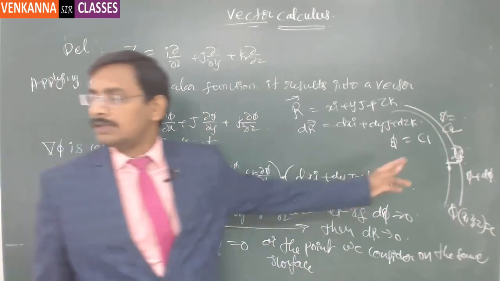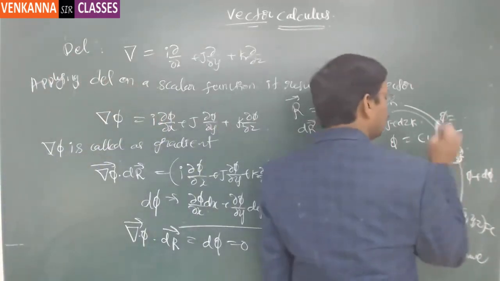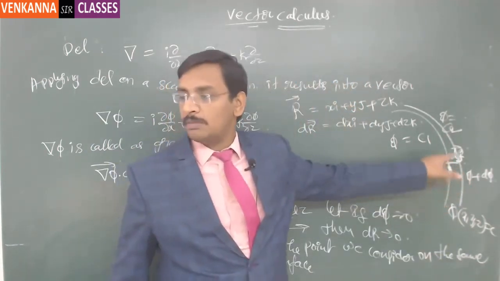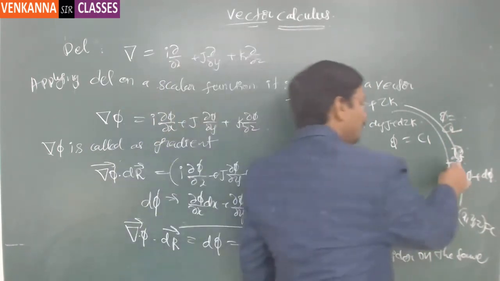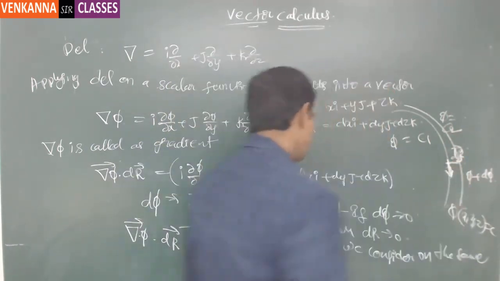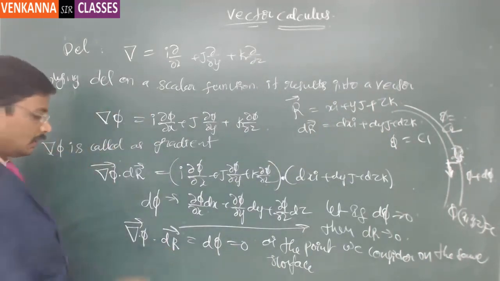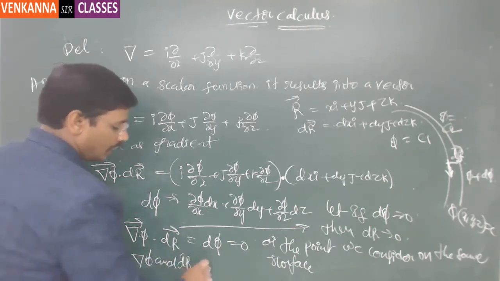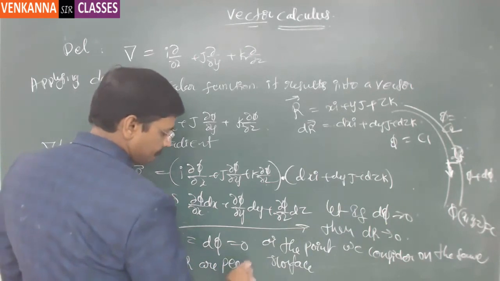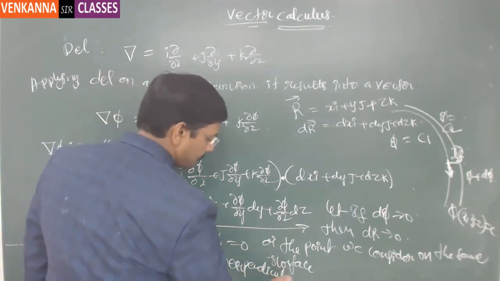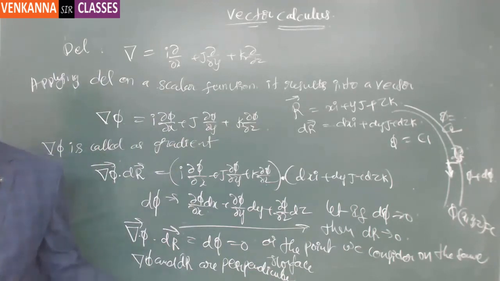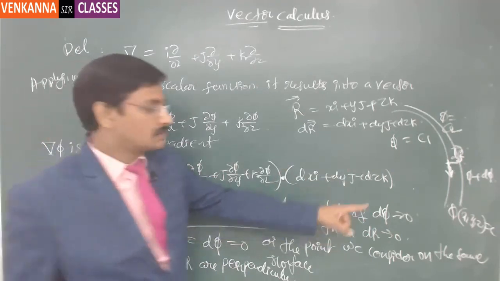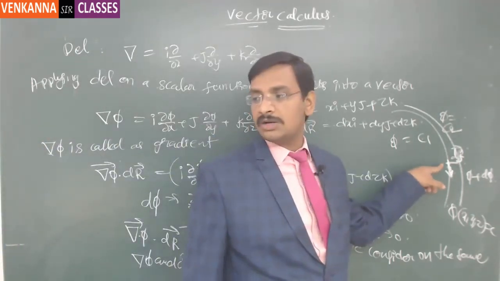If I consider the very next point on the same surface, with dr also tending to 0, then the dot product with the dr direction is coming out to be 0. That means del phi and dr are perpendicular. Correct or not? Del phi and dr should be perpendicular to each other, where dr is nothing but a vector on the surface itself, because the initial point and the changed point are considered on the same surface.